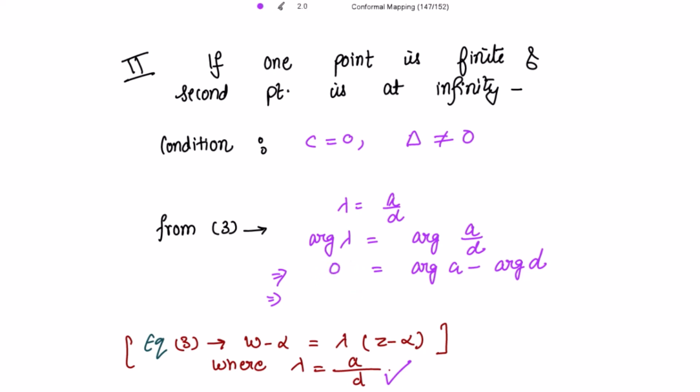And taking argument of d to the other side, we get argument of a is equal to argument of d, right? Because argument of lambda is equal to 0 for hyperbolic transformation. Okay, so this is about the hyperbolic transformation.